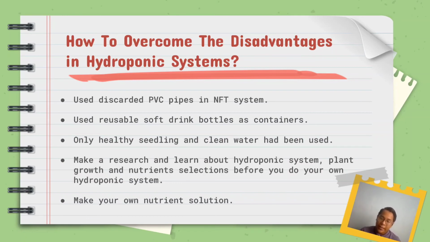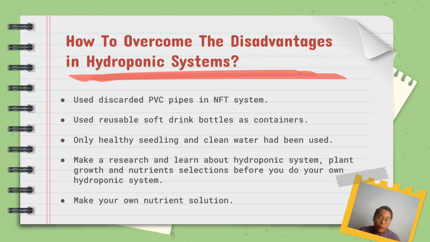The other way is to do research and learn about the hydroponic system, plant growth and nutrient selection before you do your own hydroponic system. Because if you want to do this, you need to know about this technique.